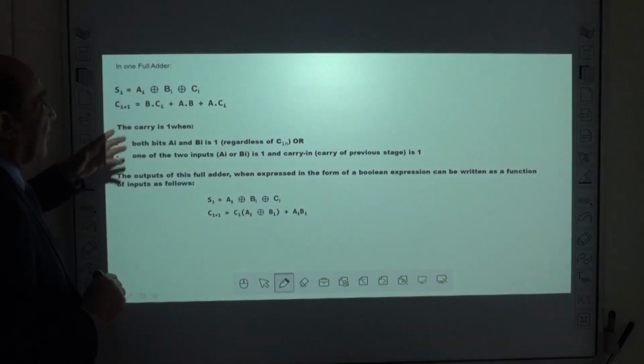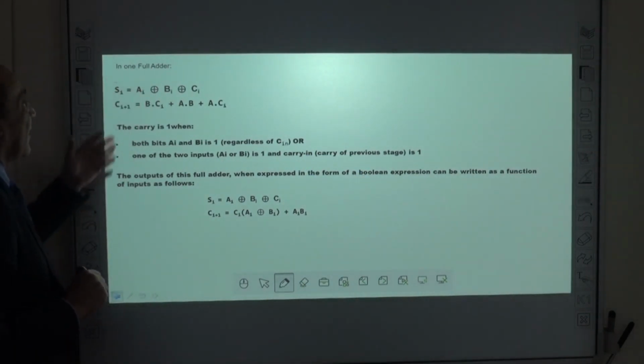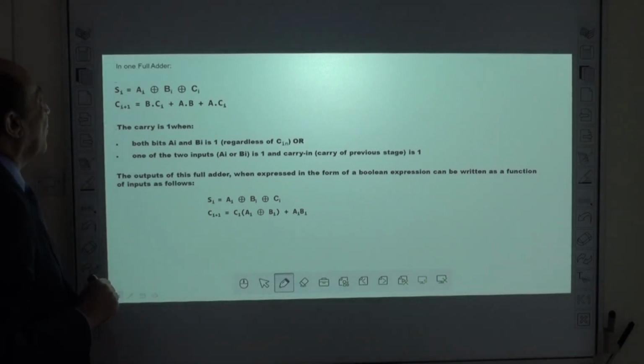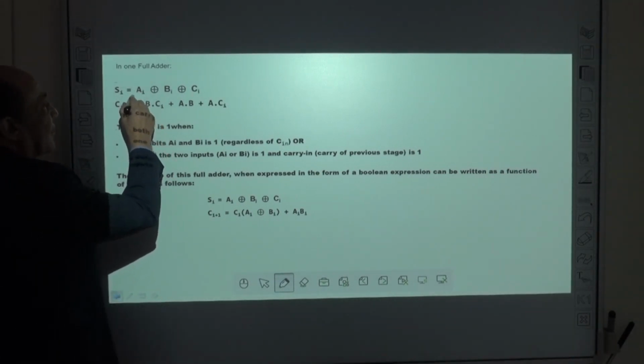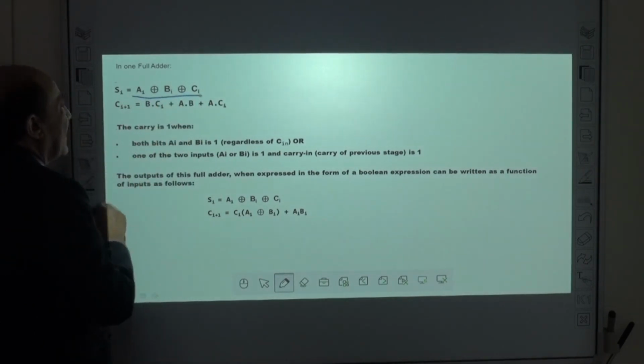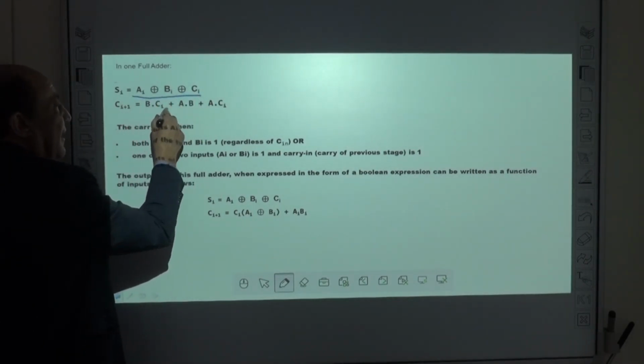In one full adder, and you remember the expression for adding 3 bits together, the sum is the exclusive OR of the 3 bits, and the carry is AB, AC, BC.